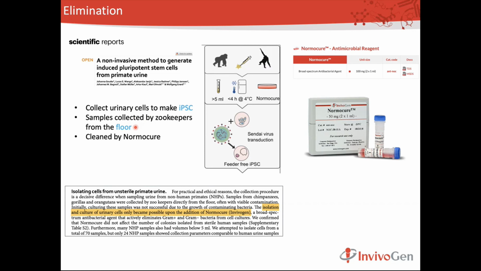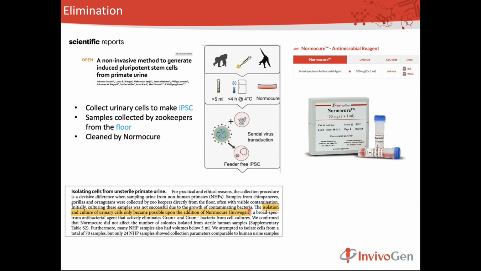So they had an imaginative idea: they asked the zookeepers to collect the urine samples from the zoo floor, which you can imagine how dirty it can be. So at first, when they were trying to capture the samples from the zoo floor, they failed due to the growth of bacteria.